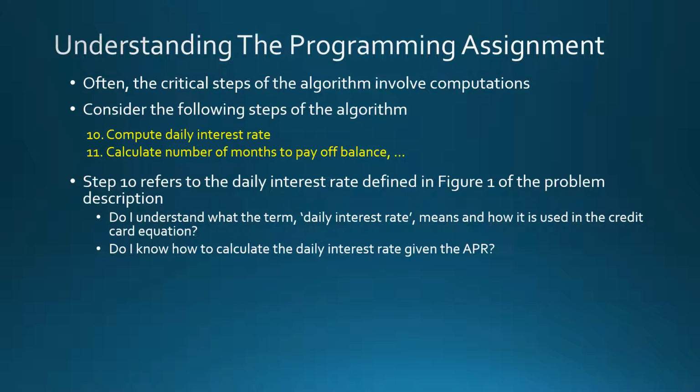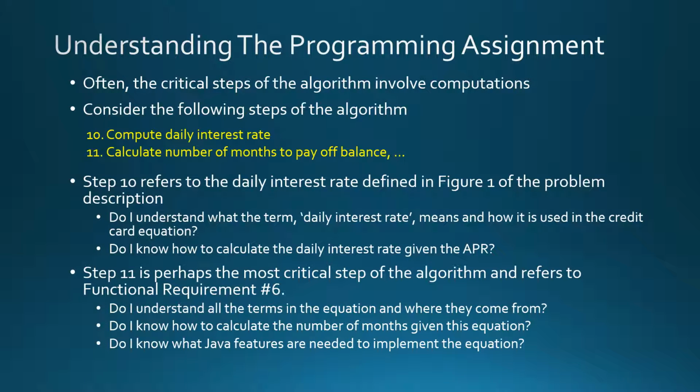And secondly, do I know how to calculate the daily interest rate given the APR? Well, in figure 1, daily interest rate is defined by a simple formula that involves APR. Oh, by the way, you also have to know what APR is. If you read the assignment carefully, APR refers to the annual percentage rate, and that just happens to be one of the input requirements.